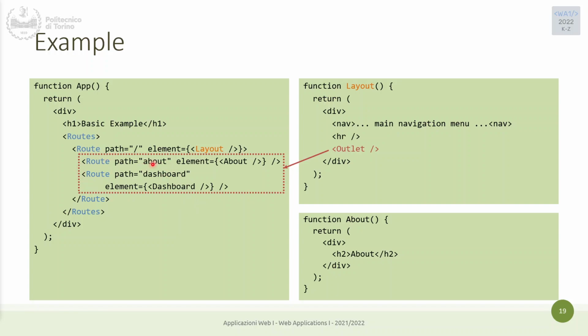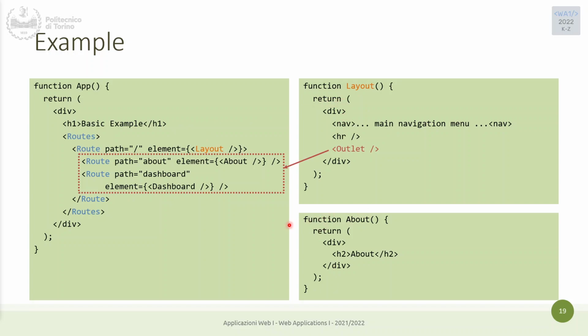One that is rendered when we hit about, and one that is rendered when we hit dashboard. So if we write /about, we are going to display the About component. If we write /dashboard, we are going to display the Dashboard component. These two components are displayed, not both of them, but the one that matches the path is rendered inside the layout component.